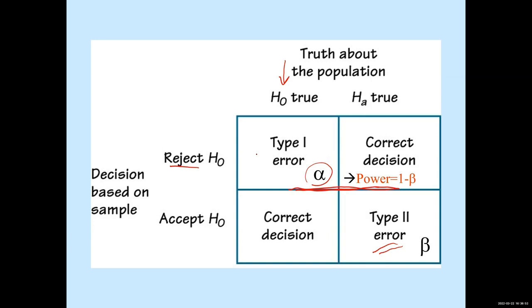If the alternate hypothesis is true, however, if the person really did the crime and they are not convicted, then that's a type 2 error. That is a person who is free even though they were guilty. That's how the system is supposed to work.